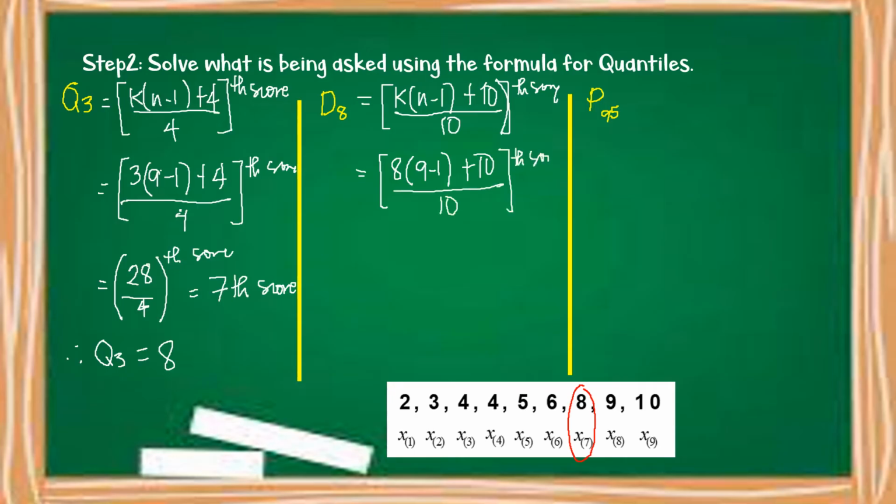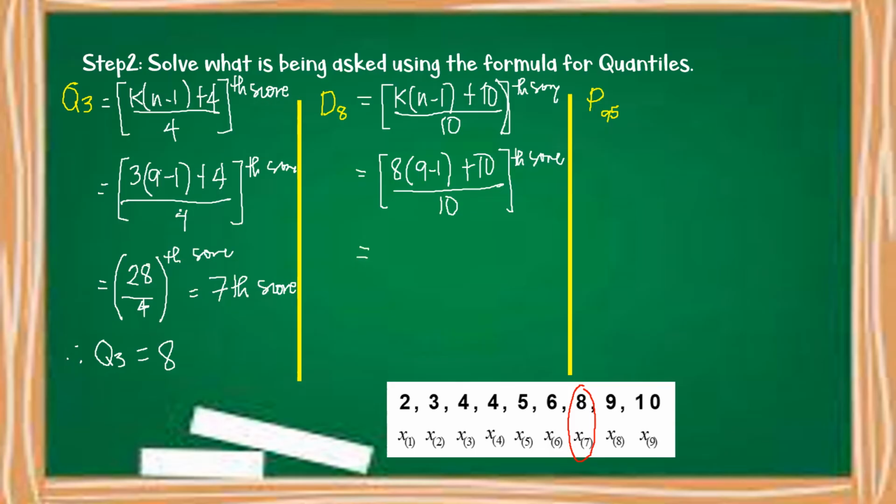Again, class, we cannot cancel the 10 here because there is an operation involved. We have two terms in the numerator, so hindi siya pwedeng i-cancel unless it's a multiplication operation lang. So that time pwede yun.